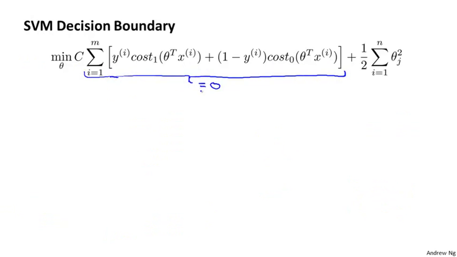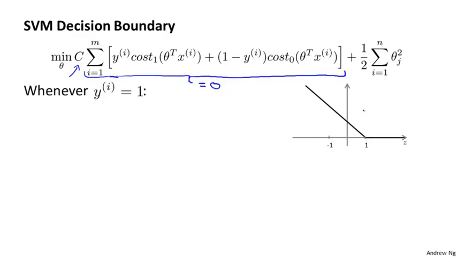So let's try to understand the optimization problem in the context of what it would take to make this first term in the objective equal to 0, because maybe we'll set c to some huge constant. And this should give us additional intuition about what sort of hypotheses a support vector machine learns.